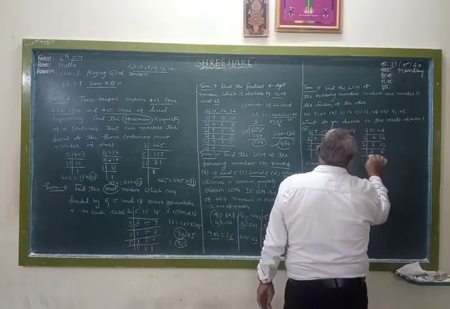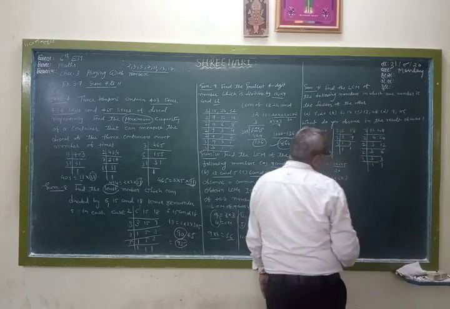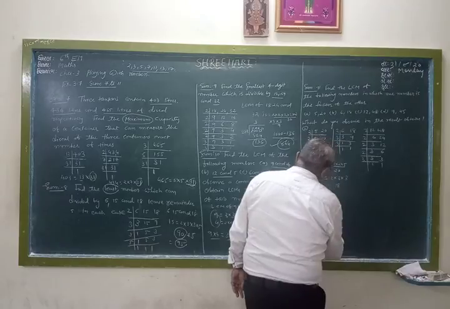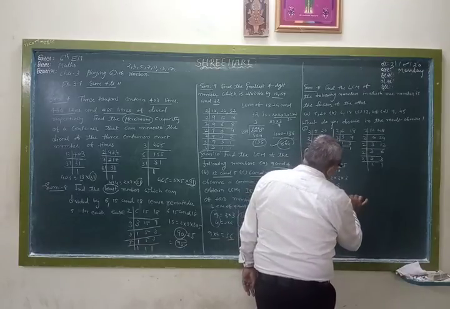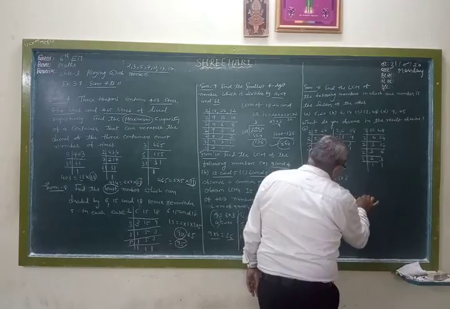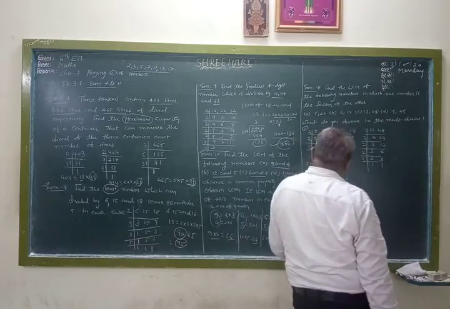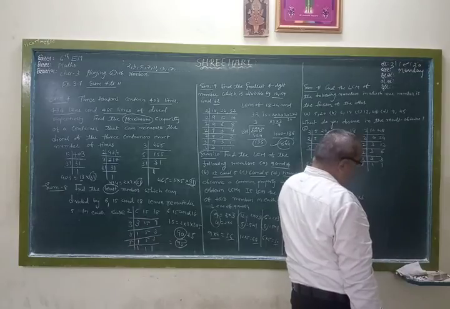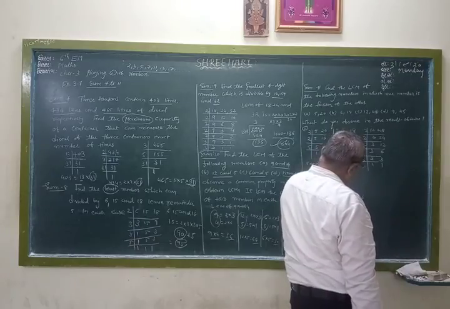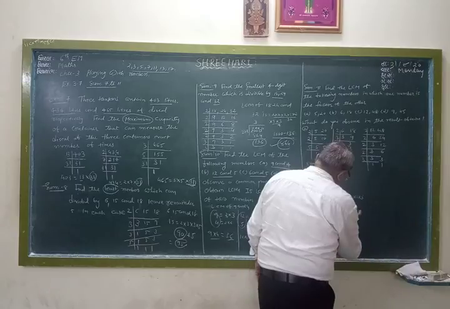Here 6. 2 3. 3 1 ja. LCM of 12 and 48 is 2 into 2 into 2 into 2 into 3. Now 2 2 ja 4, 4 2 ja 8, 2 ja 16, 16 3 ja 48.